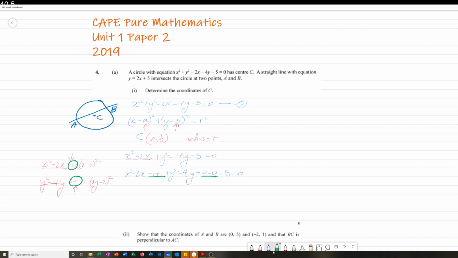But I could now separate it. I know that x squared minus 2x plus 1 could be written as x minus 1 squared. I have a minus 1 remaining, that's okay. Then this expression becomes y minus 2 squared, and I have that minus 4 remaining, and then I got this minus 5.